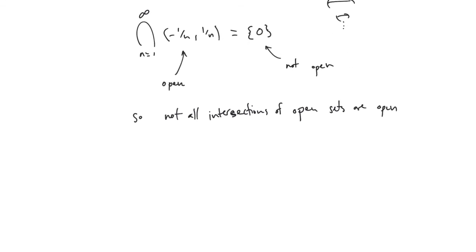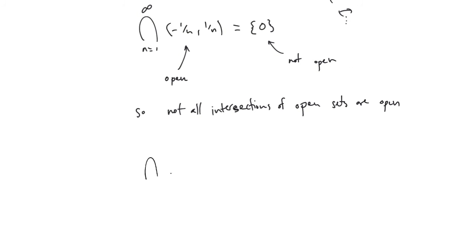Another cuter version of this example: you could do the intersection of minus 1 over n to 1 plus 1 over n. This way, the left-hand side, as you go down the interval, will shrink up to 0, but the right-hand side will shrink down to only 1. What you get here is the closed interval 0 to 1, which is maybe a cleaner example.